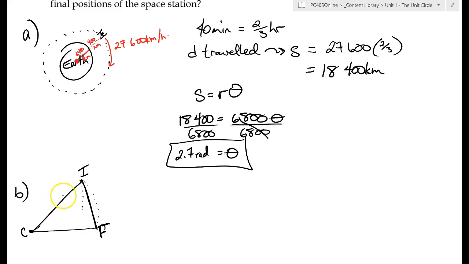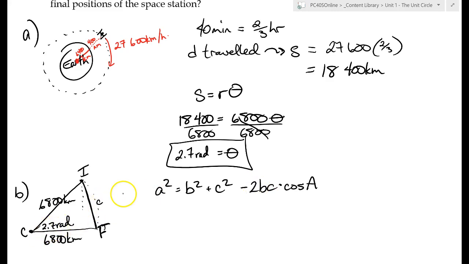So, whereas this is 6,800 kilometers, this is also 6,800 kilometers. And this angle here is 2.7 rads. From here, I can use my cosine law way back from grade 11 to figure out that space. So if we go by that law, no, C unfortunately is actually A based on my equation.